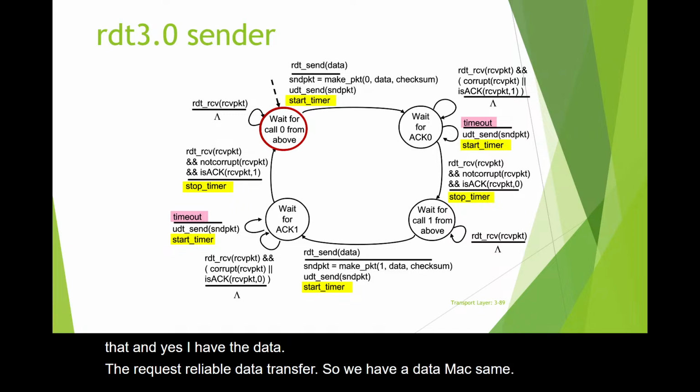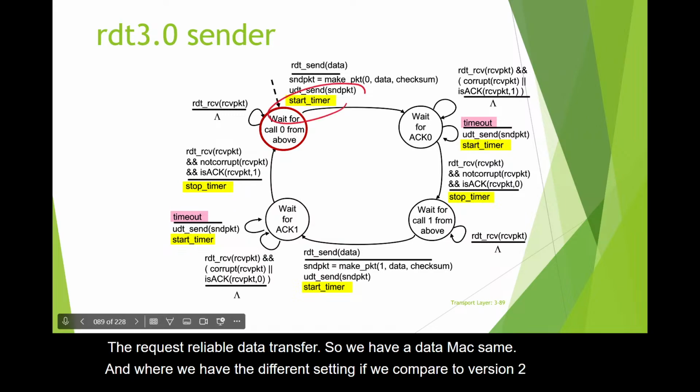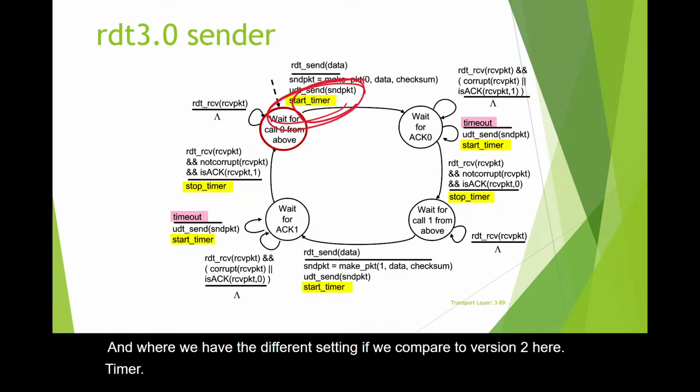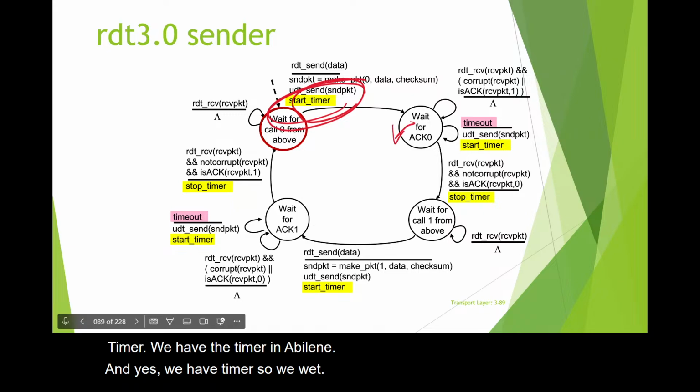And where we have a different setting compared to version 2 here is the timer. We have the timer enabled, and yes, we have a timer, so we wait for ACK 0.